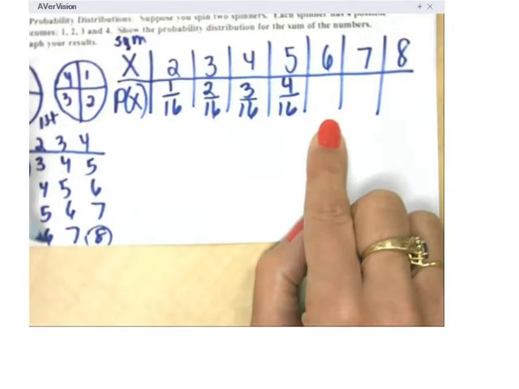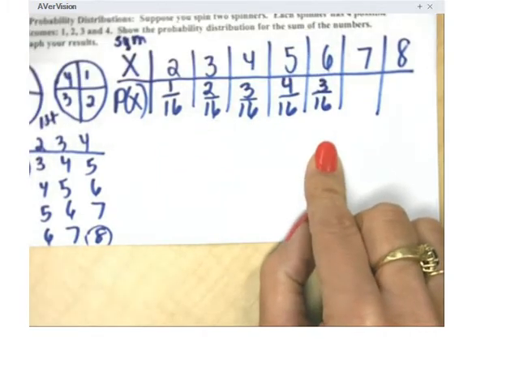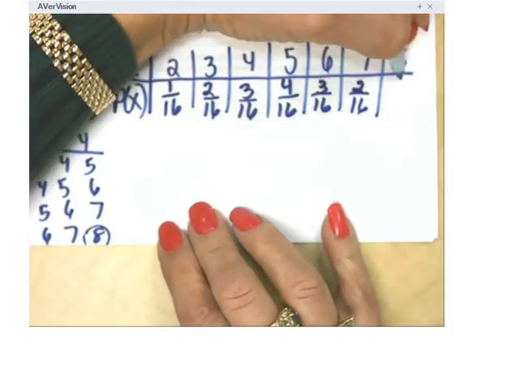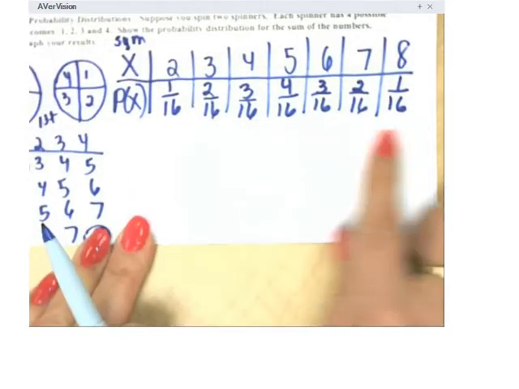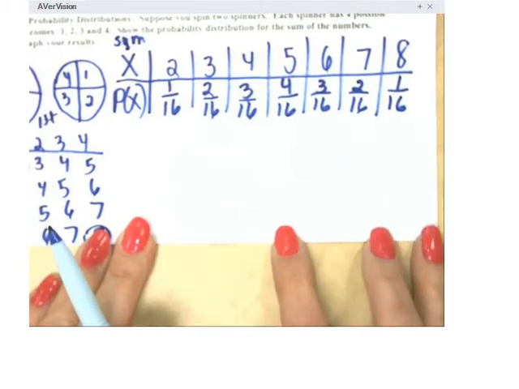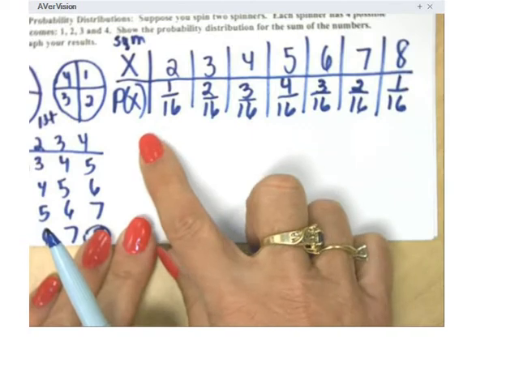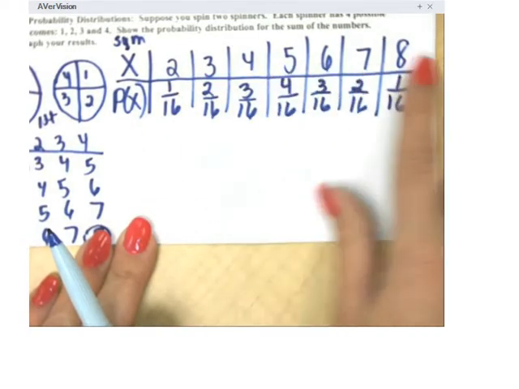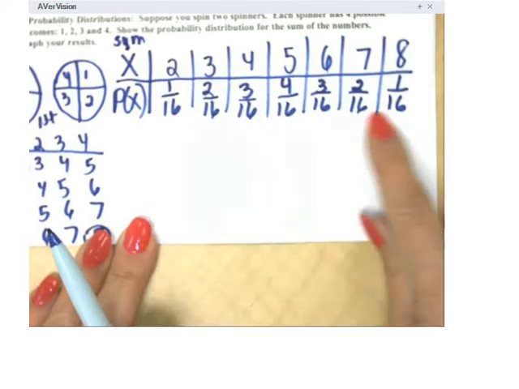I have 3 different ways for the sum of 6. 2 different ways for a sum of 7. And 1 way for a sum of 8. Now, you won't always have this symmetry in this type of probability distribution, but again, it's called a probability distribution due to the fact that I have all the different outcomes in the sample space, the different ways that it can occur, and I have the corresponding probabilities of each of those.